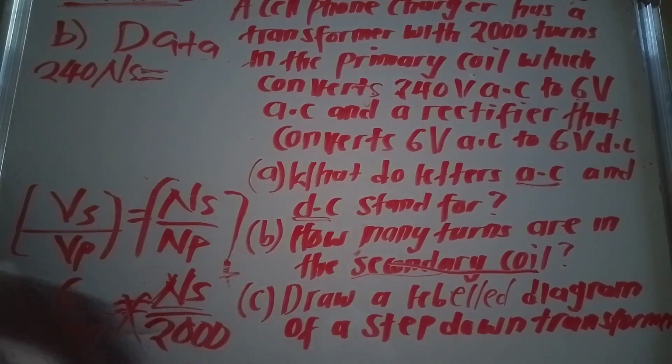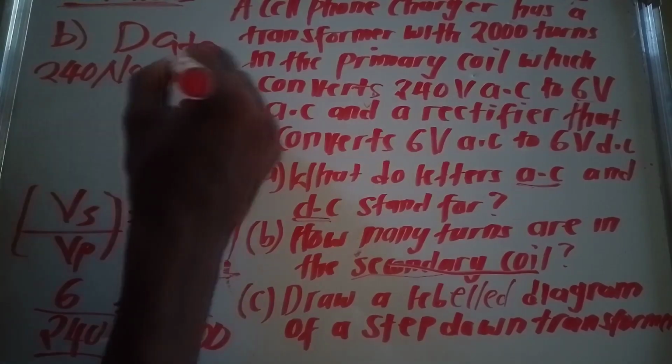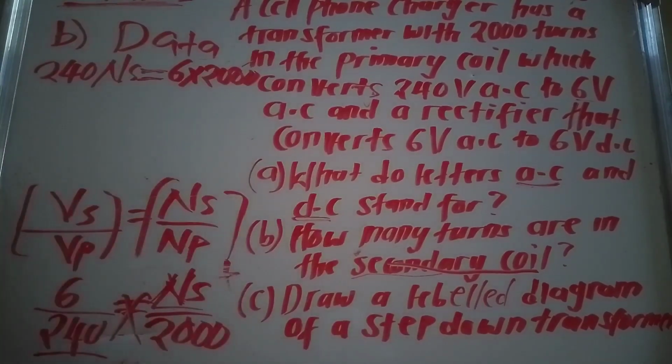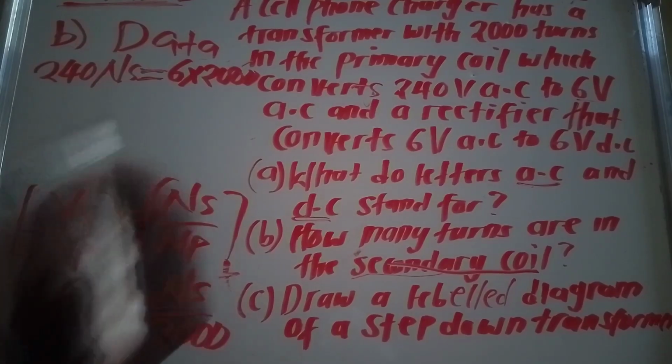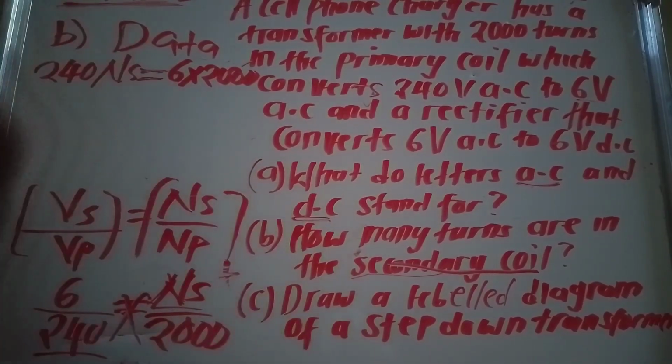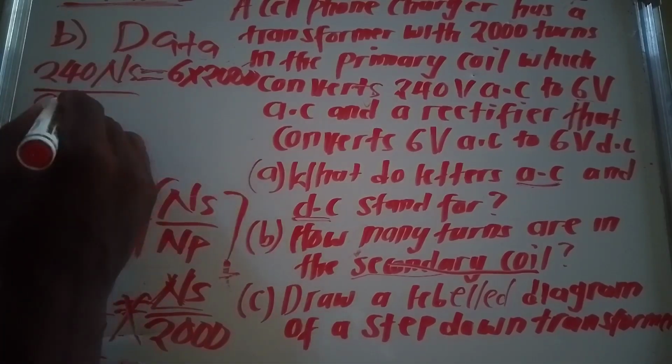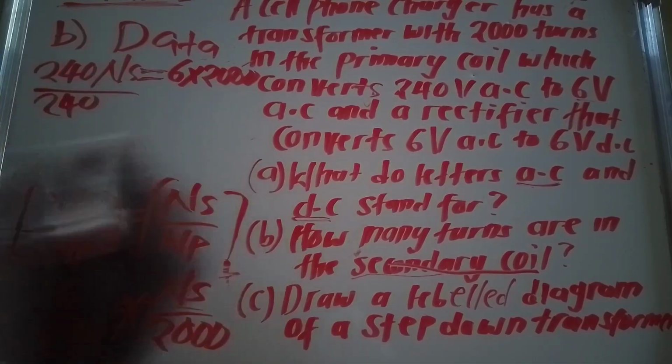So what we normally do, we just write 6 times 2000. Have you seen? This is how we do it. And then, since we want the number of turns in the secondary coil, we're going to divide it by 240.